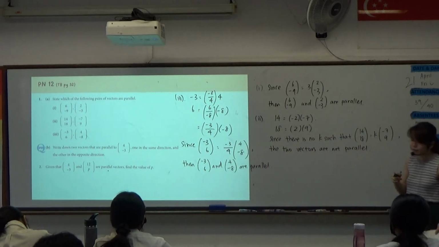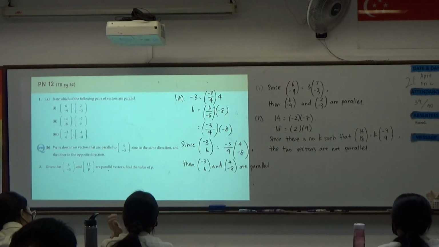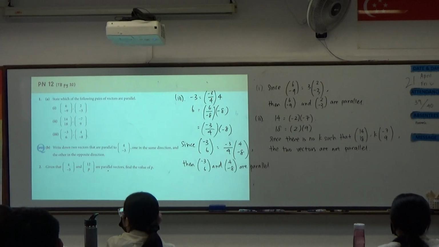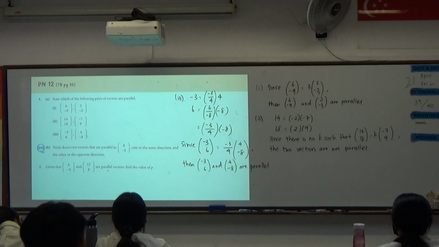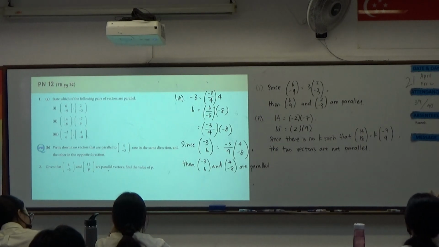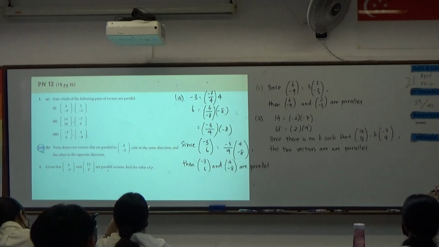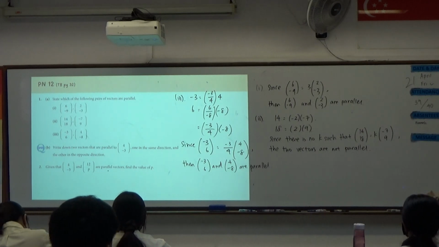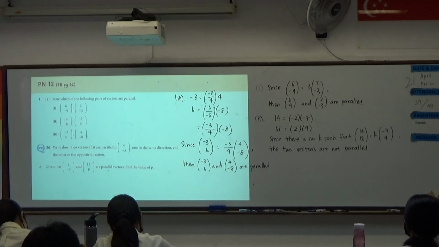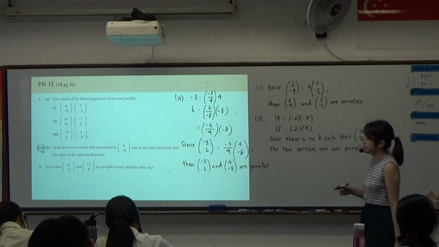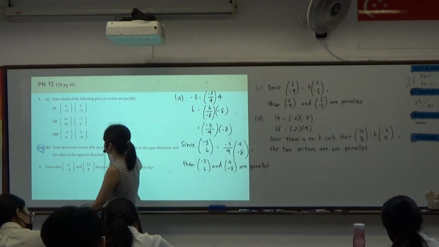So because the two vectors can be expressed as scalar multiples of each other, the two vectors are parallel. Questions? Alright, so that is how we can show that two vectors are parallel to each other.